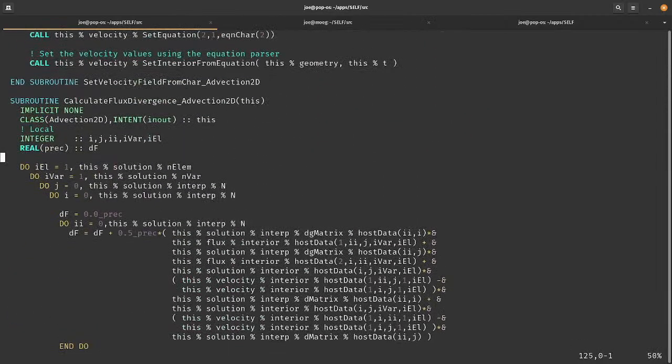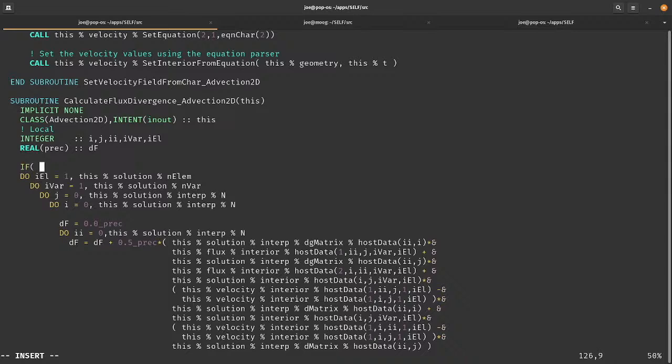So if you remember, the model class has a GPU acceleration parameter attached to it. So this %GPU accel is the attribute that's stored in the model that someone can change at runtime to toggle on or off GPU acceleration.